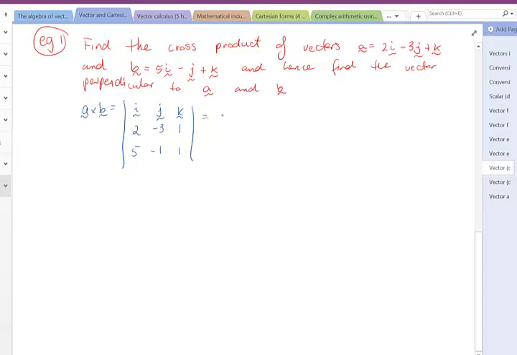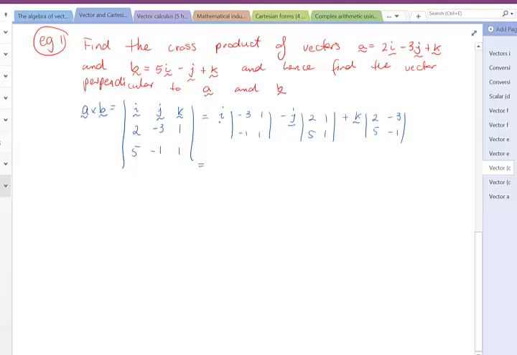So the determinant of this 3x3 matrix is going to be I multiplied by the determinant of -3, 1, -1, and 1. Subtract the direction vector J multiplied by the determinant of 2, 1, 5, 1, plus the direction vector K multiplied by the determinant of 2, -3, 5, -1.